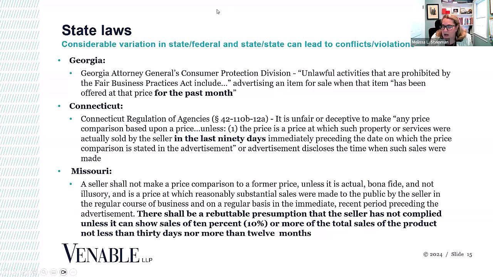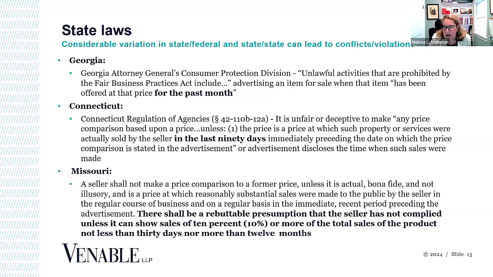Missouri, on the other hand, has probably the most restrictive standard in the country, where, it depends on how you look at it. They say you can't make a price comparison unless it's an actual bona fide and not illusory price, at which reasonably substantial sales were made in the regular course of business and on a regular basis in the immediate recent period.